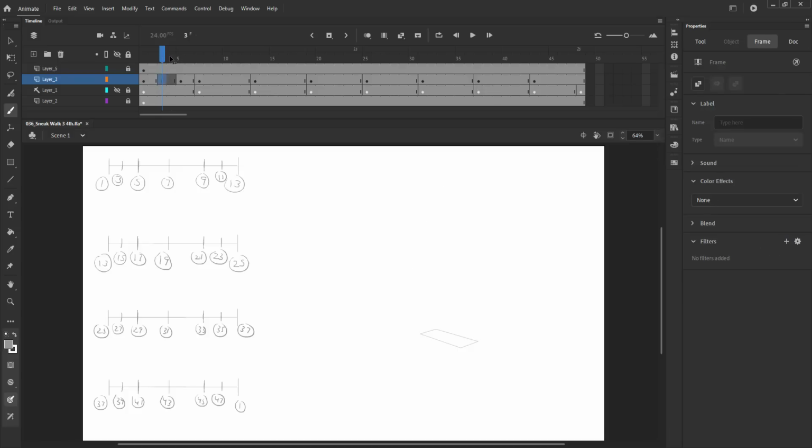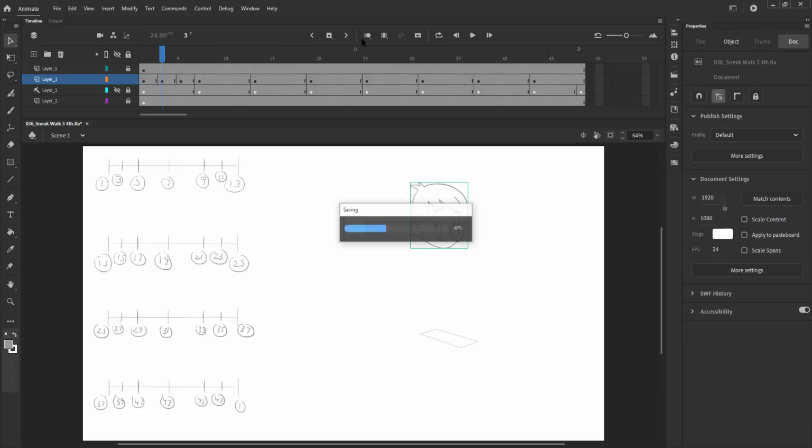We now draw the in-between for frame 1 and 5 on frame 3.